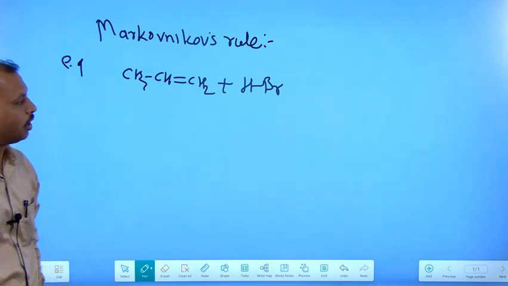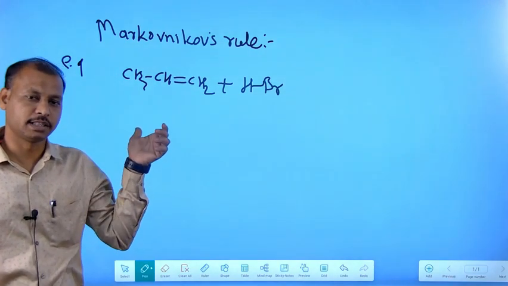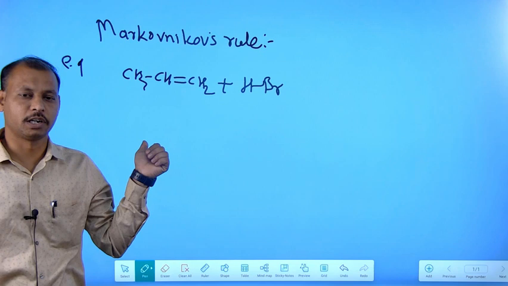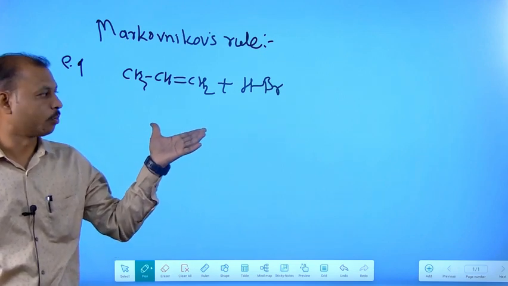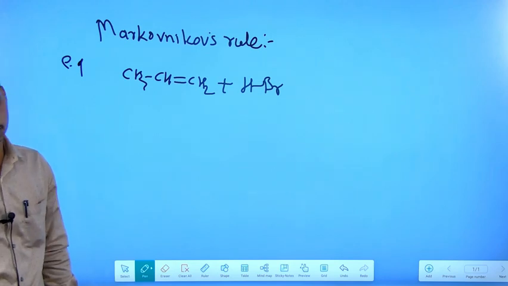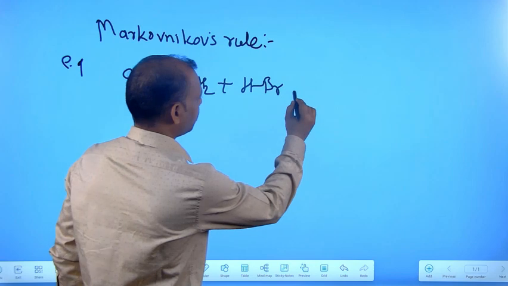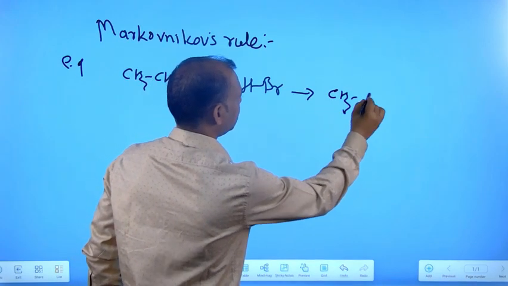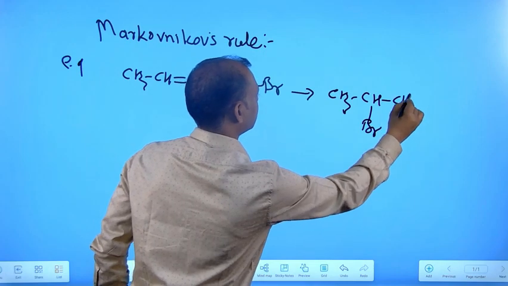And why? Because as we explained, the carbocation generated in that step is a secondary carbocation, which is the most stable, and therefore it is a favorable mechanism for the Markovnikov rule. So as per that, we get the product CH3 CHBr CH3.